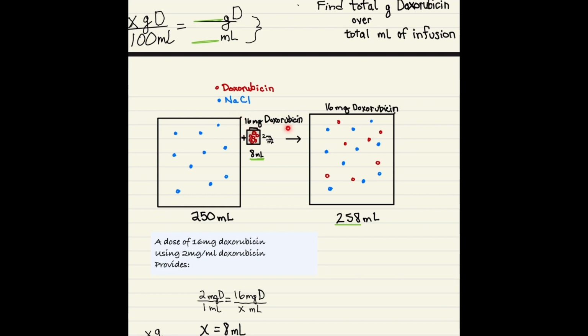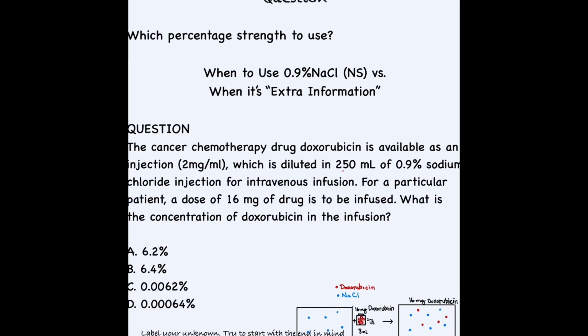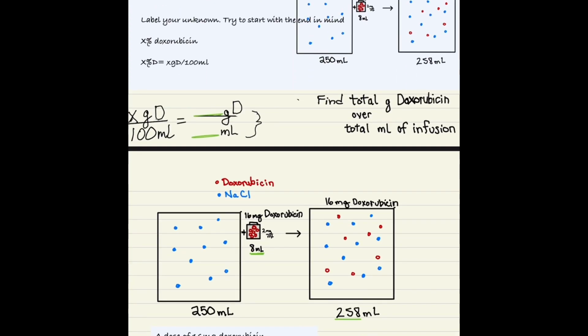We know that we did have 16 milligrams of doxorubicin. That is significant. That's actually the amount that we want in the final solution that we're going to use for the infusion. A dose of 16 milligrams of drug is to be infused. This little bit is going to be in the very final solution. So we can rewrite that here. How can we find how many milliliters of the 16 milligram doxorubicin?